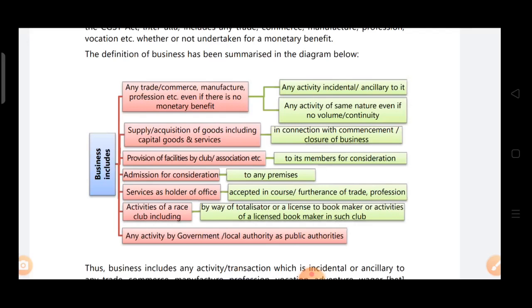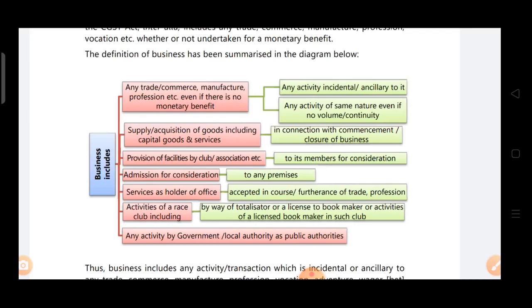Then, service as holder of office accepted in the course of furtherance of trade or profession: if any service is provided by the holder of an office and that service is in the course of furtherance of business, then that is included in the business definition. Then activities of a race club are included, including by way of totalizator or a license to a bookmaker, or activities of a licensed bookmaker in such a club.